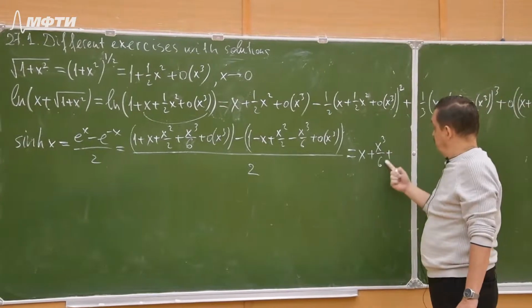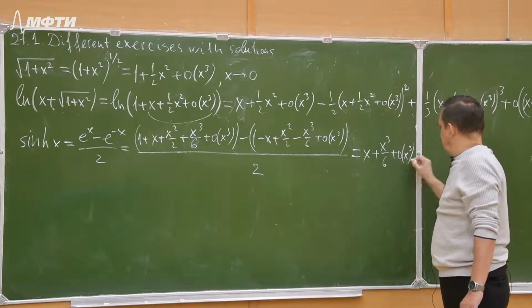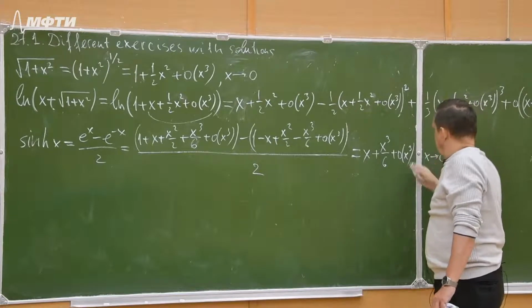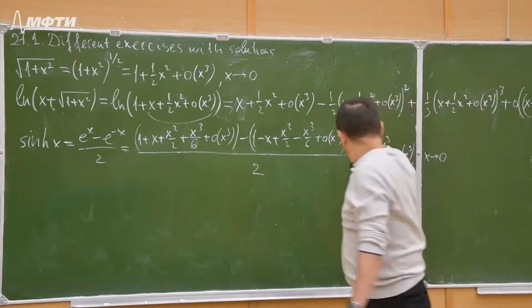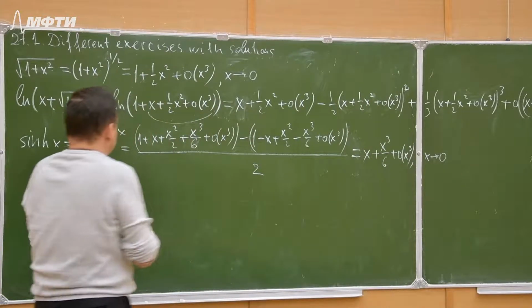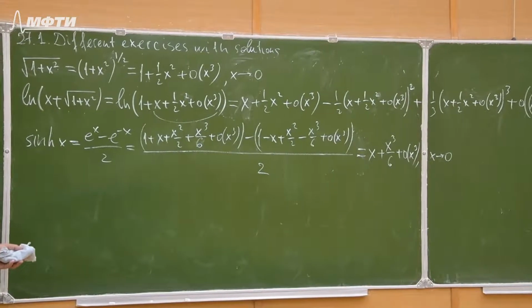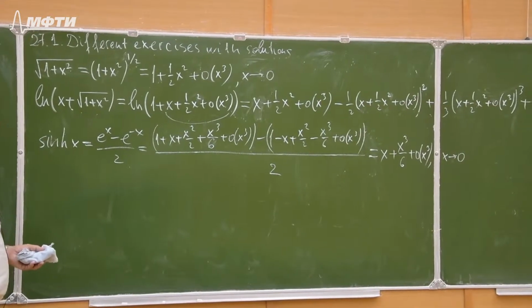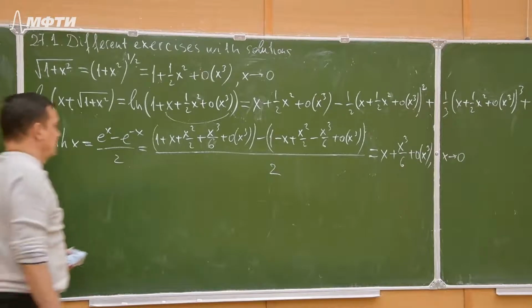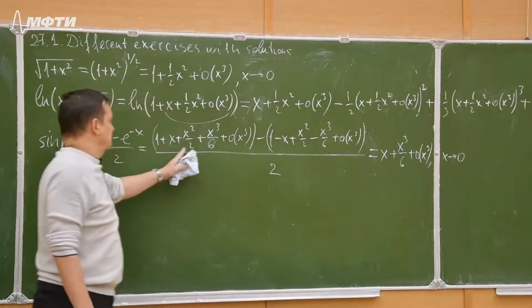In fact, we can write here x to the power 4, but it doesn't matter. And you see that I didn't write it among the main expansions, but you see how to obtain sine hyperbolic from the exponent.